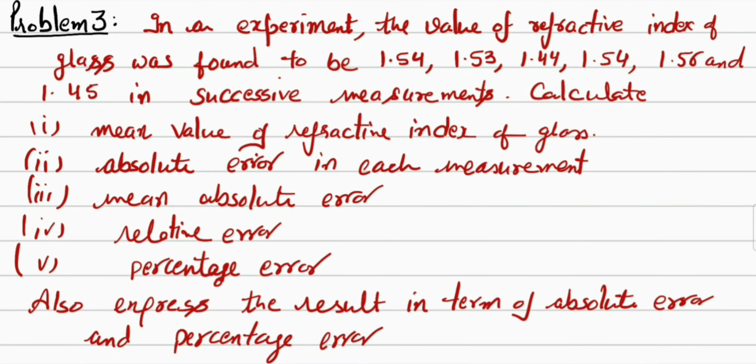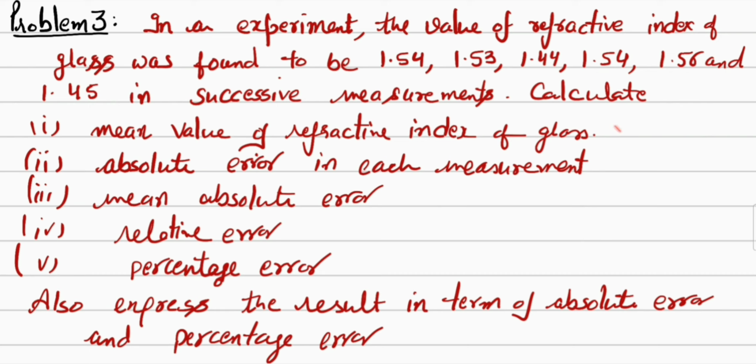Next is problem number 3, and this is a very important problem. Here you will be able to know how we can find out the mean value, absolute error, mean absolute error, relative error, and the percentage error. The given problem is, in an experiment, the value of refractive index of glass was found to be 1.54, 1.53, 1.44, 1.54, 1.56, 1.45 in successive measurements.